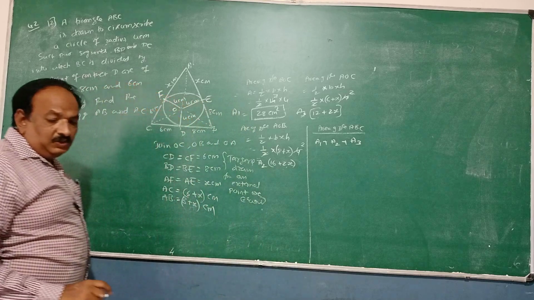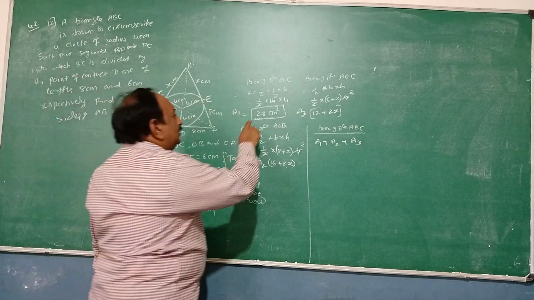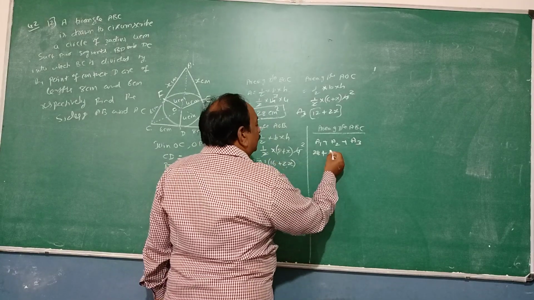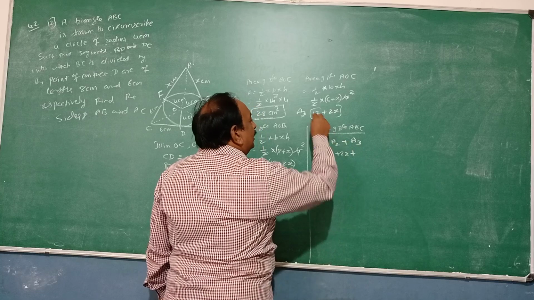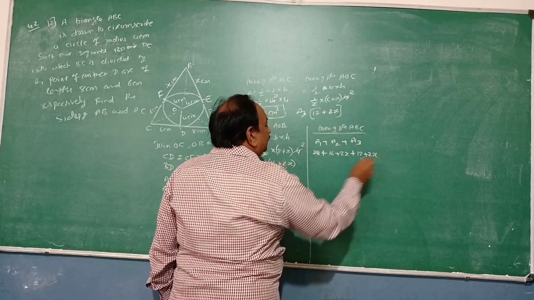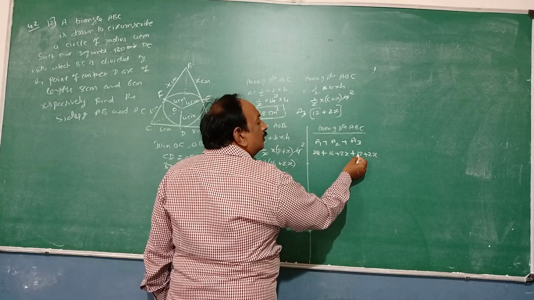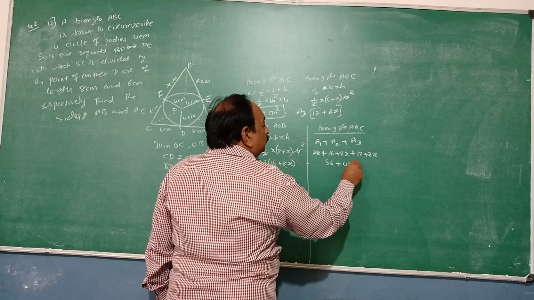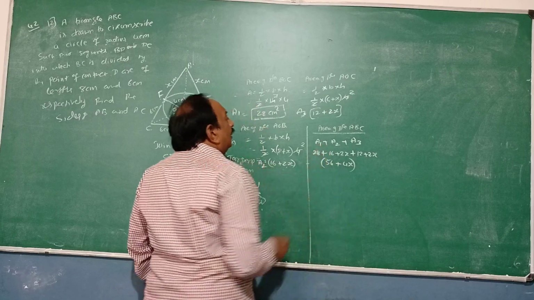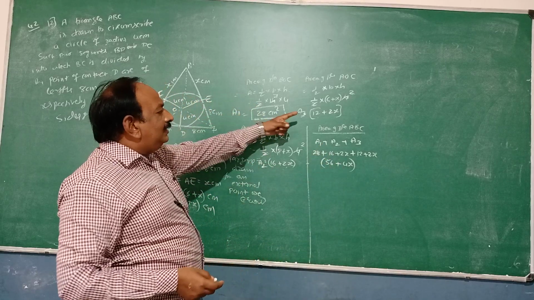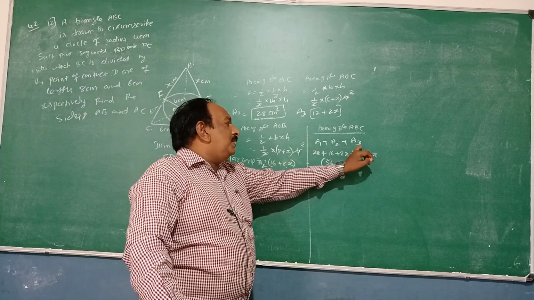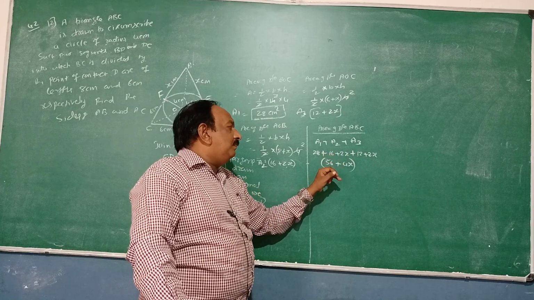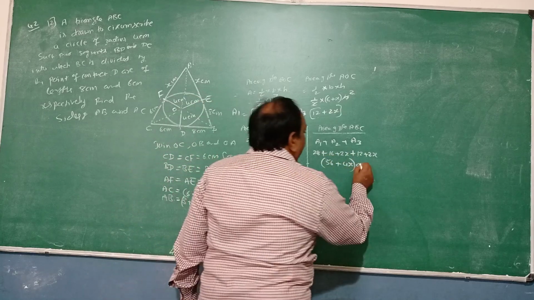Area 1 is 28, area 2 is 16 plus 2x, area 3 is 12 plus 2x. 28 plus 12, 40. 40 plus 16, 56, plus 2x plus 2x, 4x. So A1 plus A2 plus A3 is 56 plus 4x cm square.